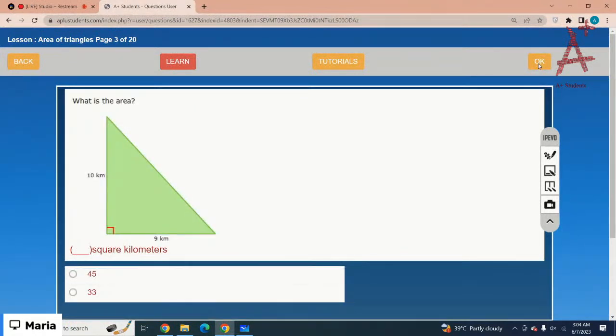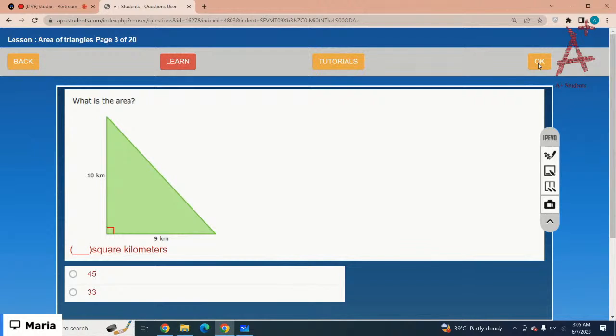Okay, what is the area? Which is the correct option? So you have to do 10 times 9. 10 times 9 is 90, and 90 divided by 2 is 45.